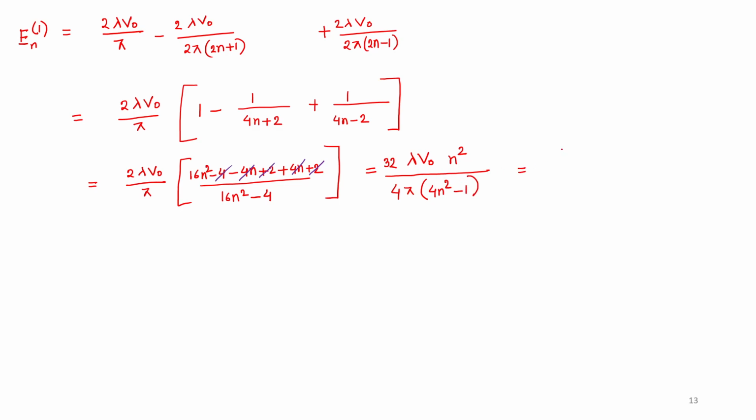So actually, we are going to get 8 lambda V0 n square by pi, 4n square minus 1. Okay, so we are going to get this expression for E n first order.